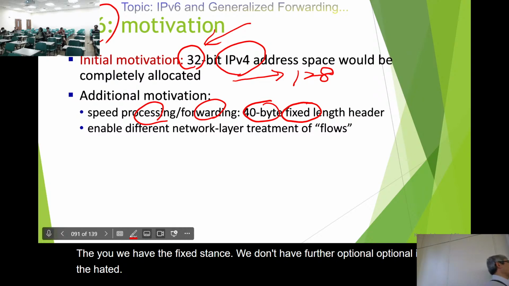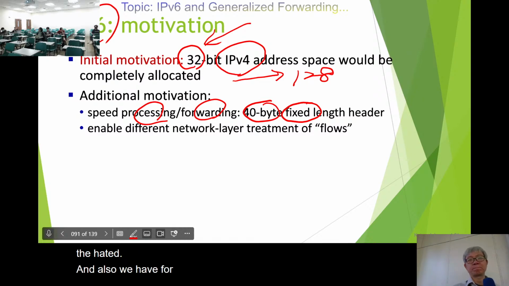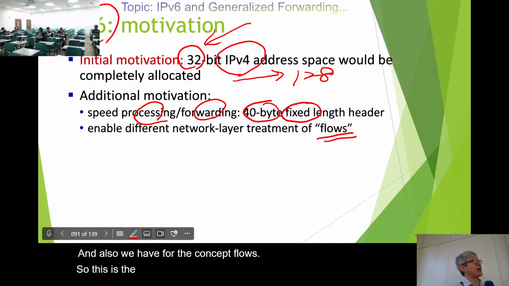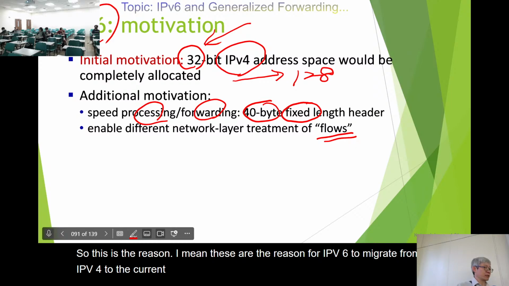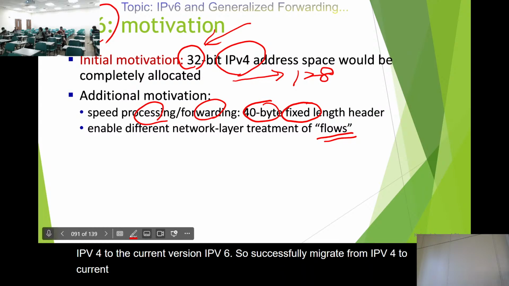And also we have the concept of flows. So these are the reasons to migrate from IPv4 to the current version, IPv6. Did we successfully migrate from IPv4 to IPv6? No, but we expect to.